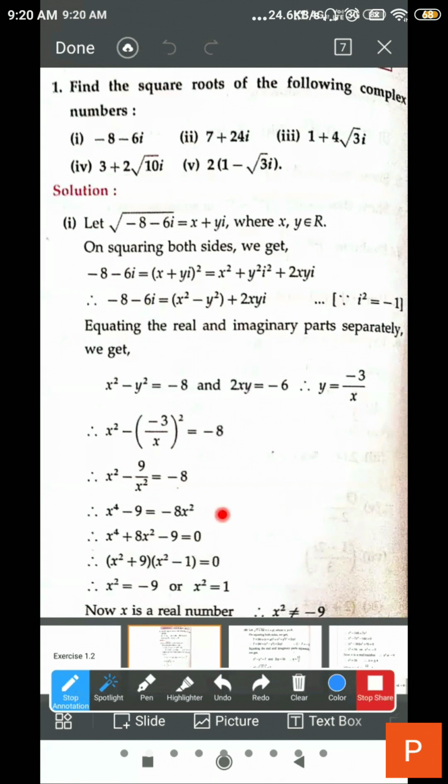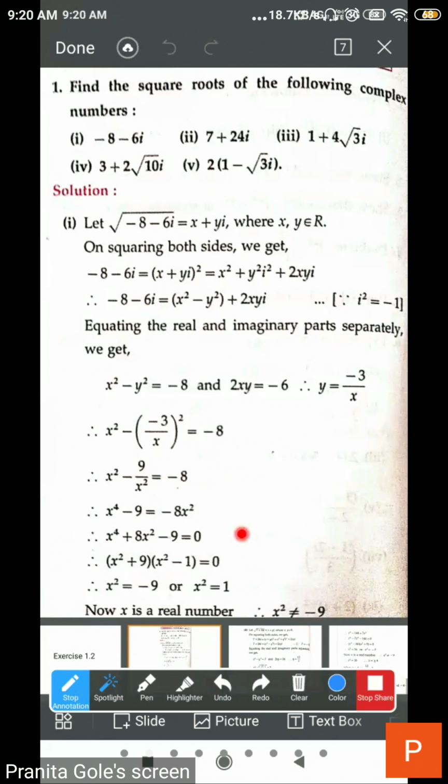Then if you write it properly by shifting the minus 8x square to the left hand side, the equation is becoming x raised to 4 plus 8x square minus 9 is equal to 0.